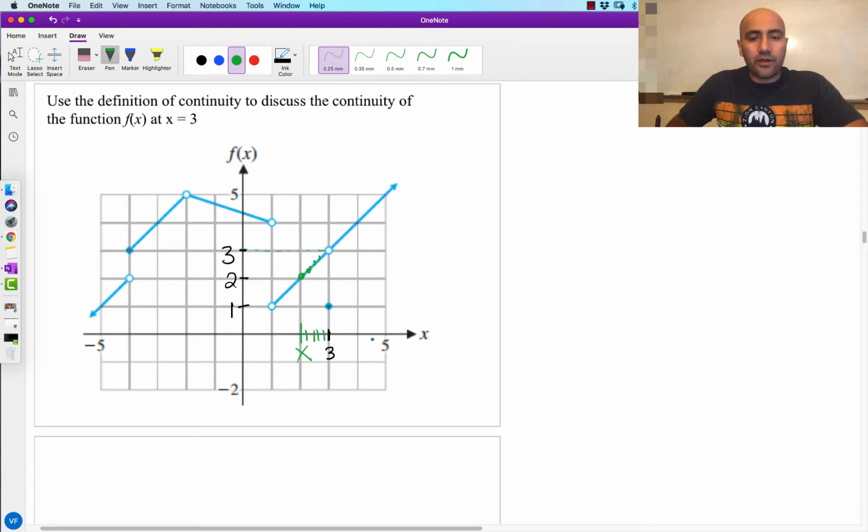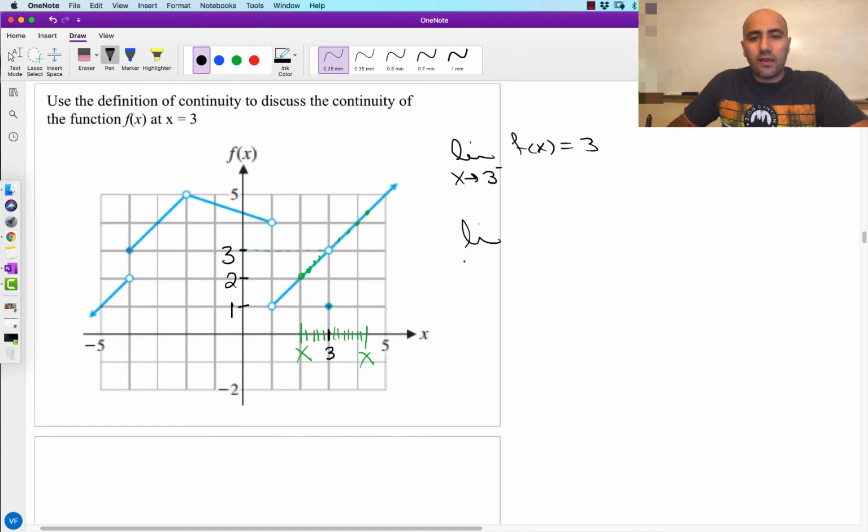And same thing from the other direction. As I choose values over here, that traces to there, and then as I get closer and closer to 3, but definitely from the right-hand side, the output values are going to get closer and closer to positive 3. So I can write down that the limit as x approaches 3 from the left-hand side of f of x equals 3.